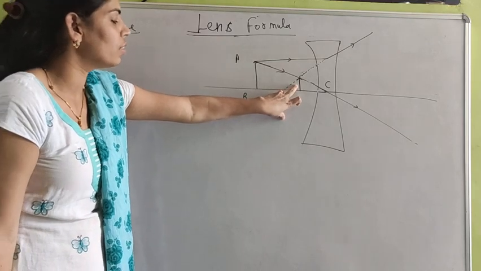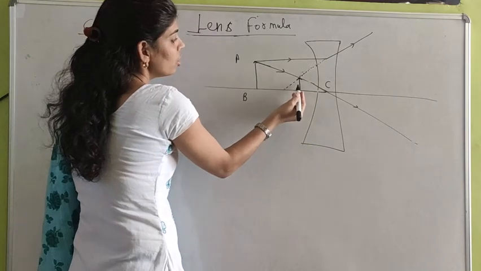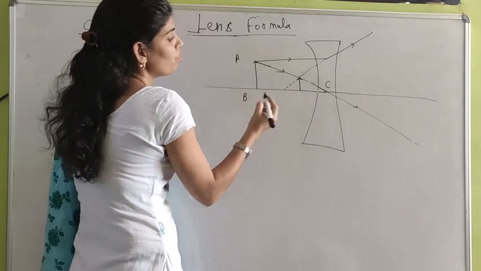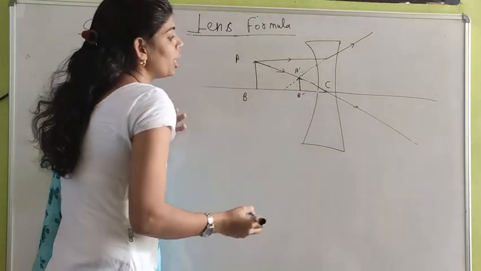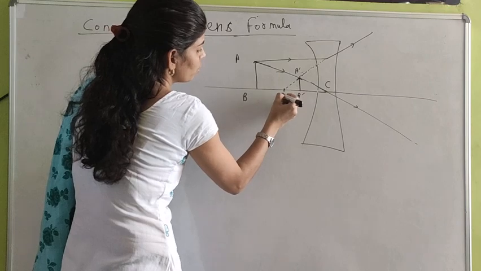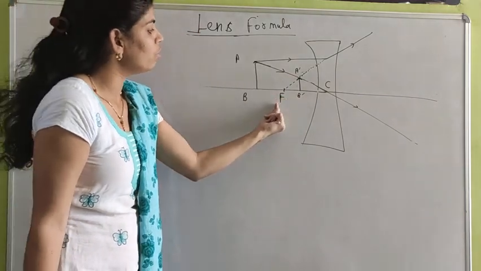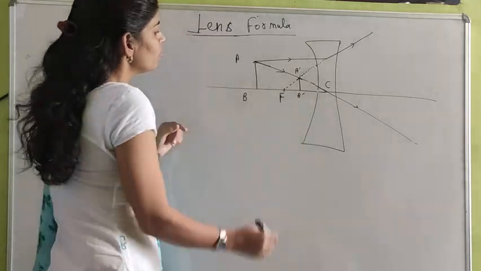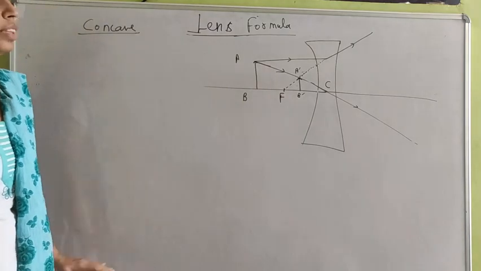You can see that this is erect but not magnified. This is smaller in size than the object, and this point is known as focus. So this is the image A dash B dash between focus and the optical center, and this is the object in front of the lens.